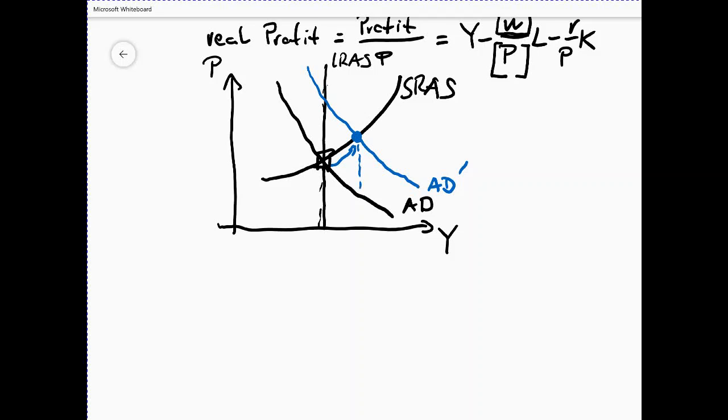So basically you will have a short-run increase in GDP. If we started with Y1 here, then we will have a Y2, and you can see that the price level went up from P1 to P2.